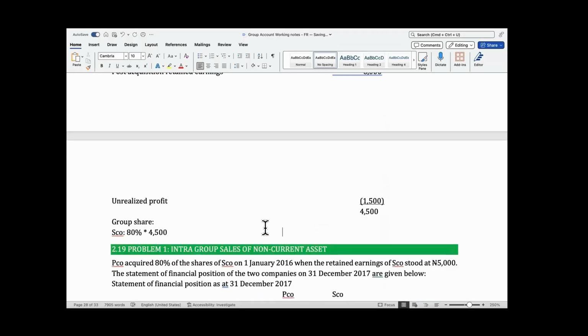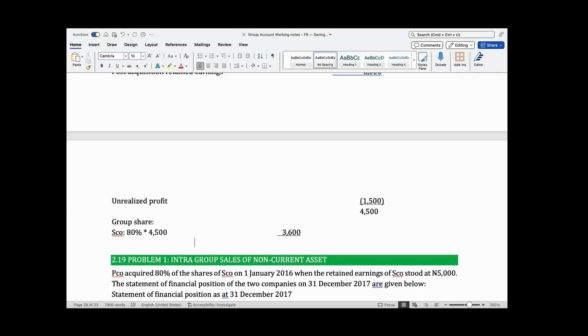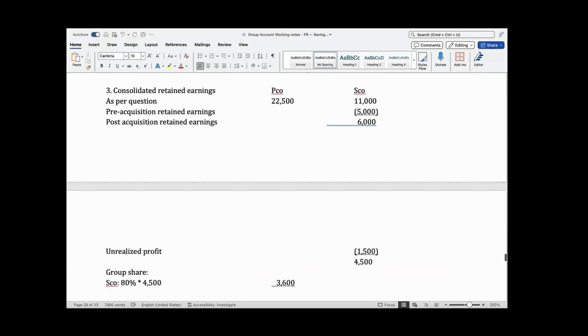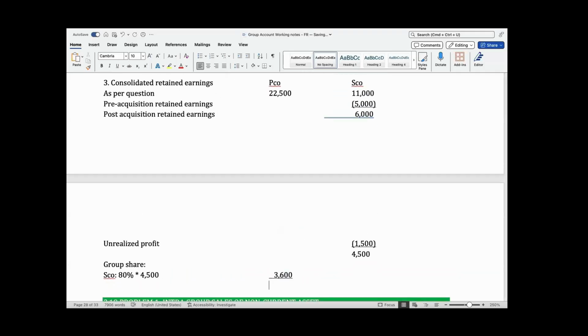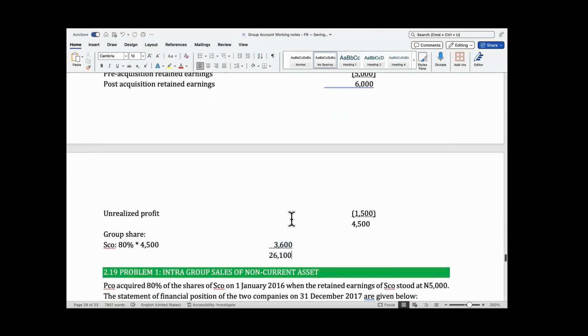That's 3,600. So add it together to 22,500. That's 26,100.